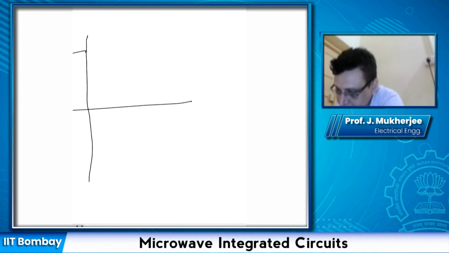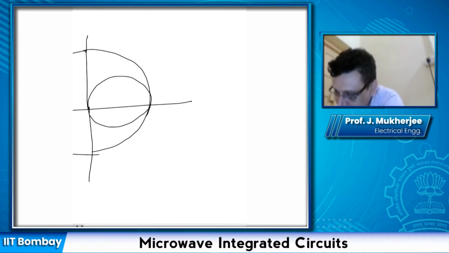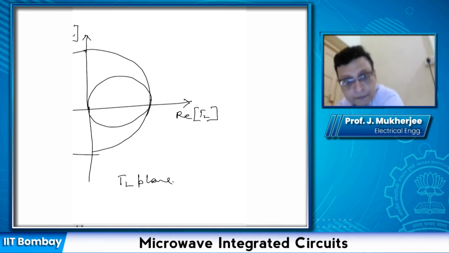Say this is our unit circle of our Smith chart. So we are drawing the Smith chart on the gamma L plane. The y-axis will be the imaginary value of gamma L, and the x-axis will be the real value of gamma L.